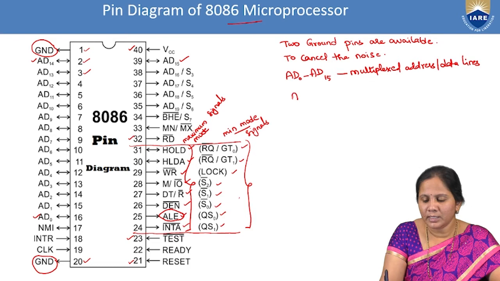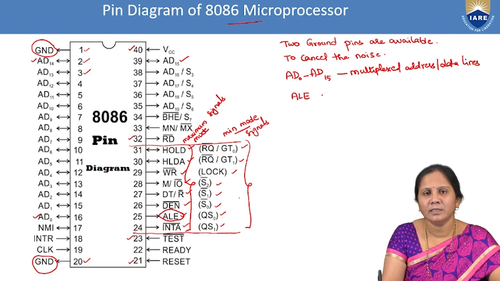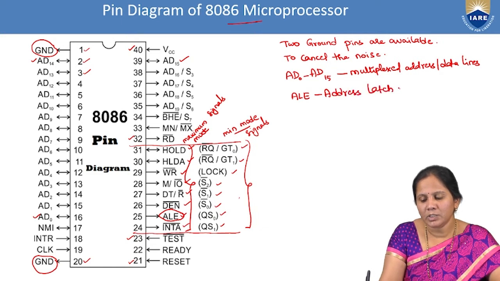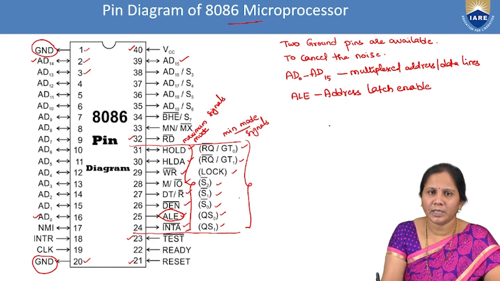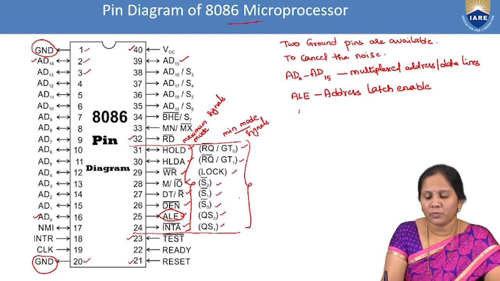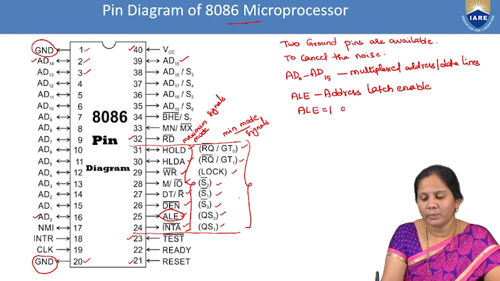ALE means address latch enable. In this address latch enable, generally all the latches will be present. So when this ALE signal is 1, it will act as address lines.